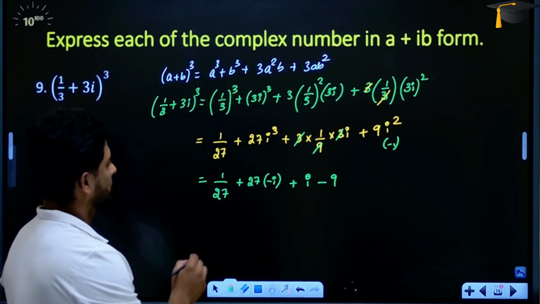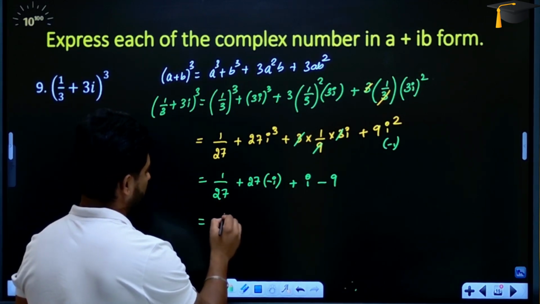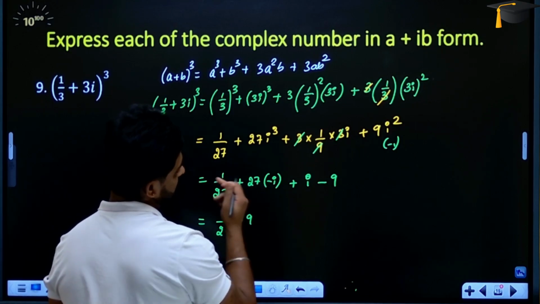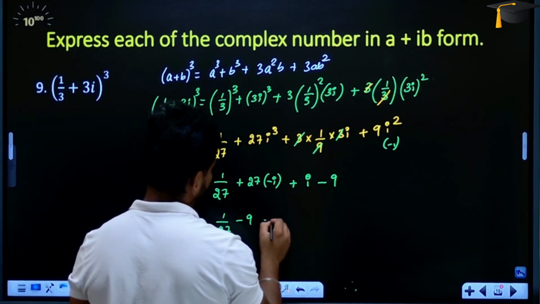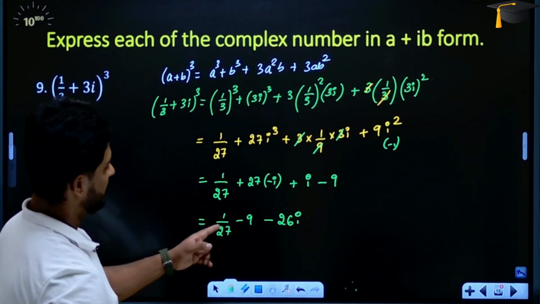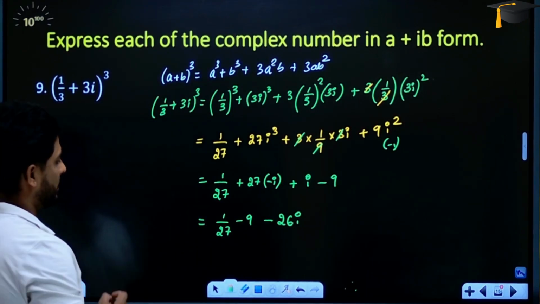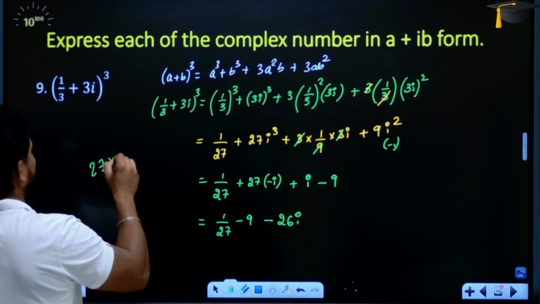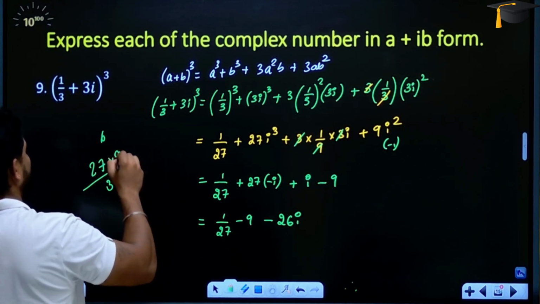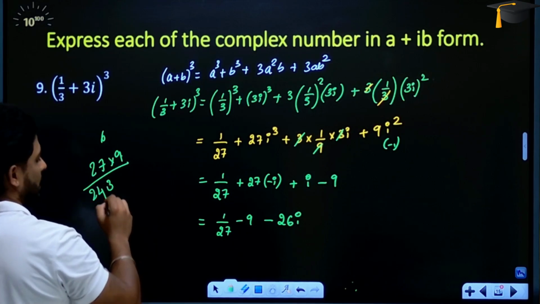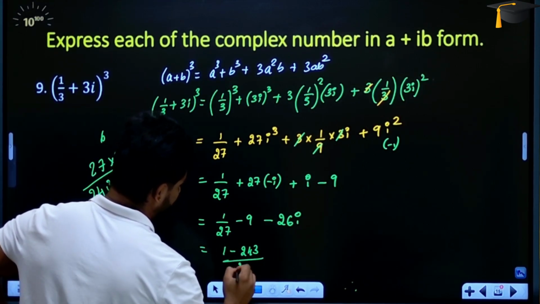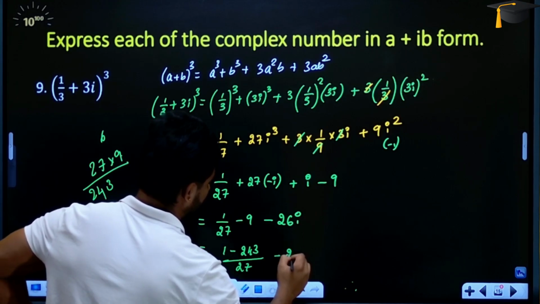Okay, so if we calculate this, 1 by 27 minus 9 minus 27 plus 1, that is minus 26 i. Okay, if we calculate this, 27 9s are 243, yeah? 1 minus 243 by 27 minus 26 i.